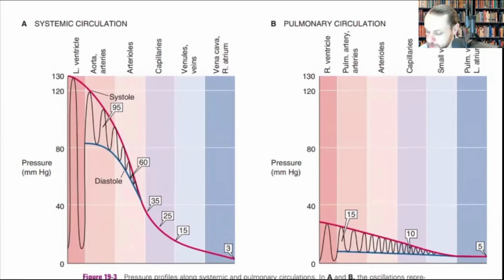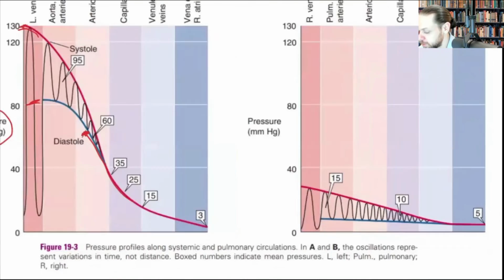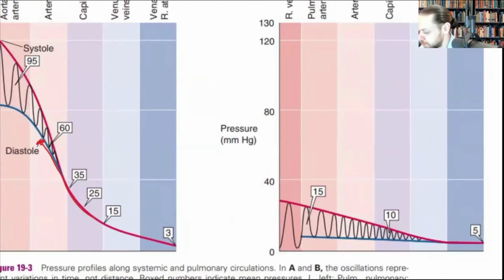This is what I was trying to explain to you earlier. Your arterial side is a high pressure system. 120/80 is your normal blood pressure. So you could see systolic about 130 here, and 80, or here they give you maybe even less, maybe 70, is the diastolic. And then your pulmonary circulation: maybe this is 25, and this is your diastolic phase, maybe 15.